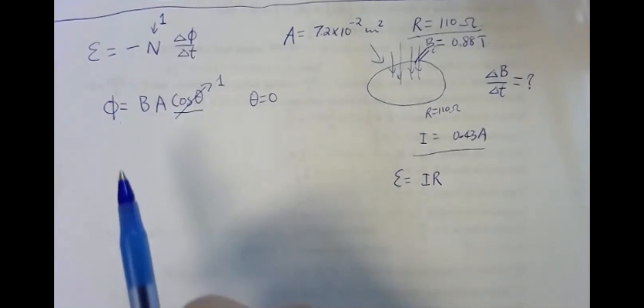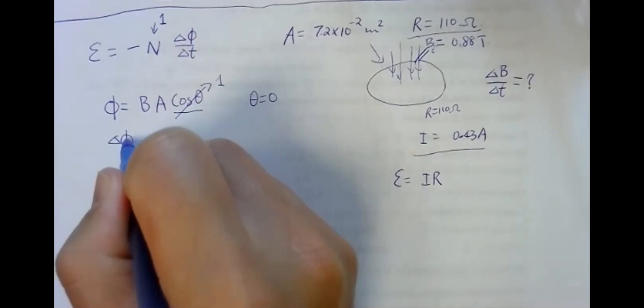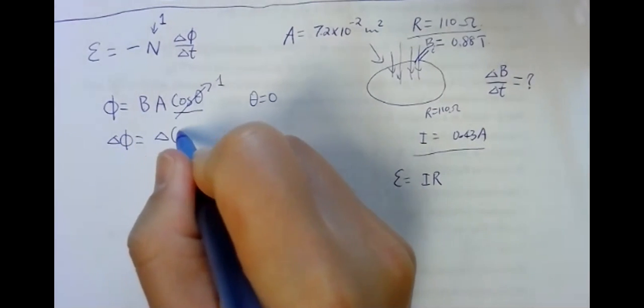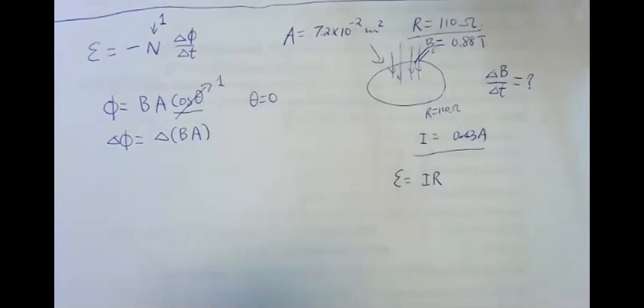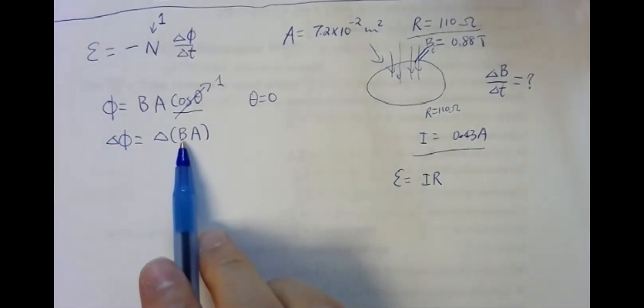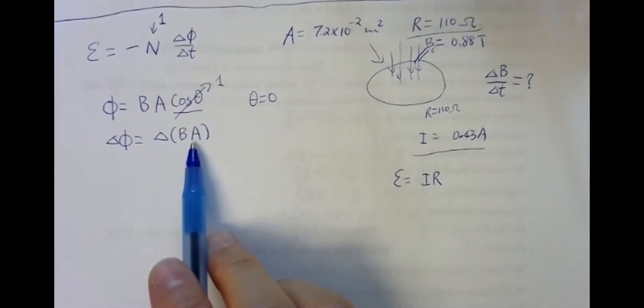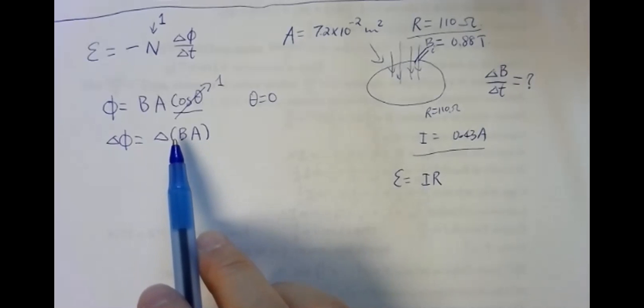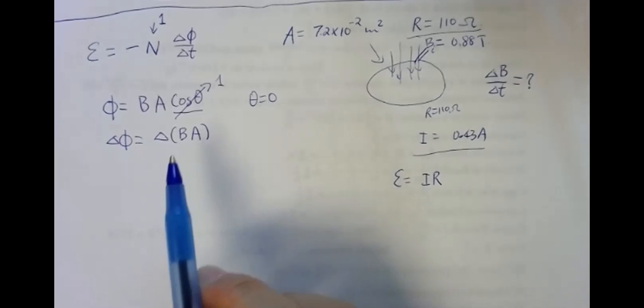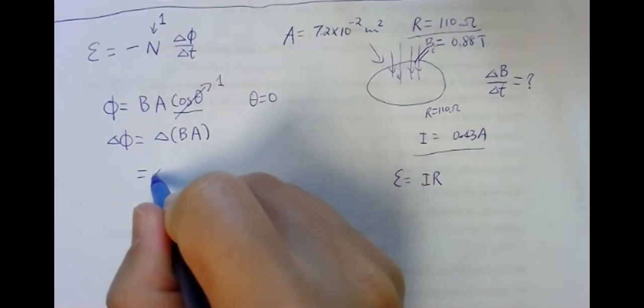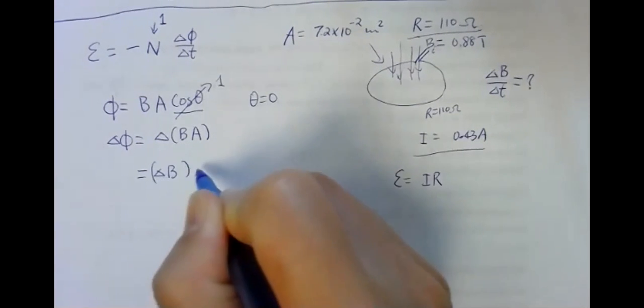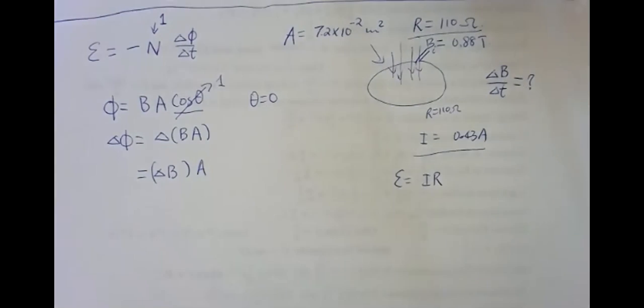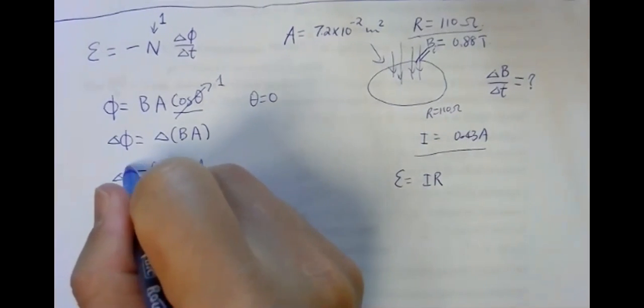Now, then delta phi would be equal to delta of B times A, okay? The change of these two multiplied. Now, area is not changing, right? Because in this problem, it tells you that the magnetic field will be changing, the area is not. So then that's just equal to the change in the B field times A, okay? A is not changing.